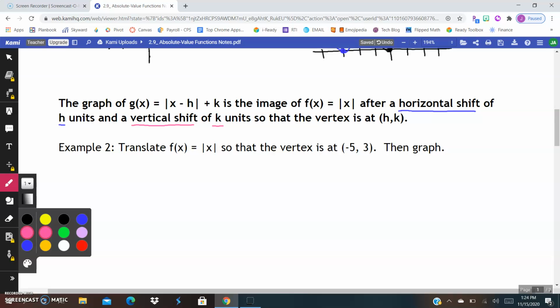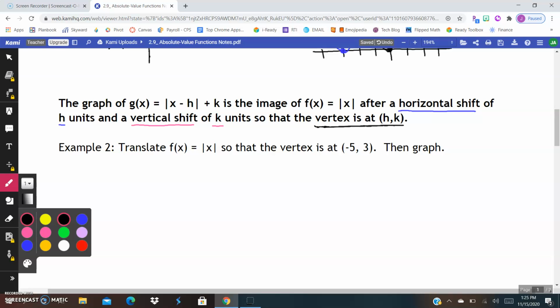So we just talked about those. We just did 2 examples with those. H is going to move it left or right, and K is going to move it up or down. Okay, and then our new thing that we need to really pay attention to here, our vertex is actually at this h, k ordered pair. So you can take those out of the new equation or function and write the vertex.